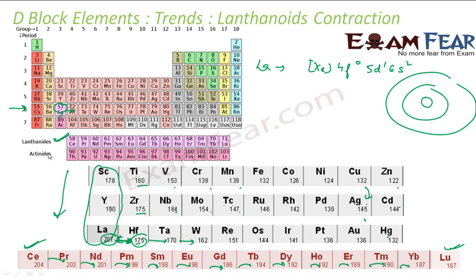After lanthanum the next element is cerium. Since the 5d already has one electron, the energy of the 5d orbital has increased. Now the next electron will go to 4f1, right? And the trend continues. Again the next electron will go to 4f2. This is 4f1, this is 4f2. The trend continues.